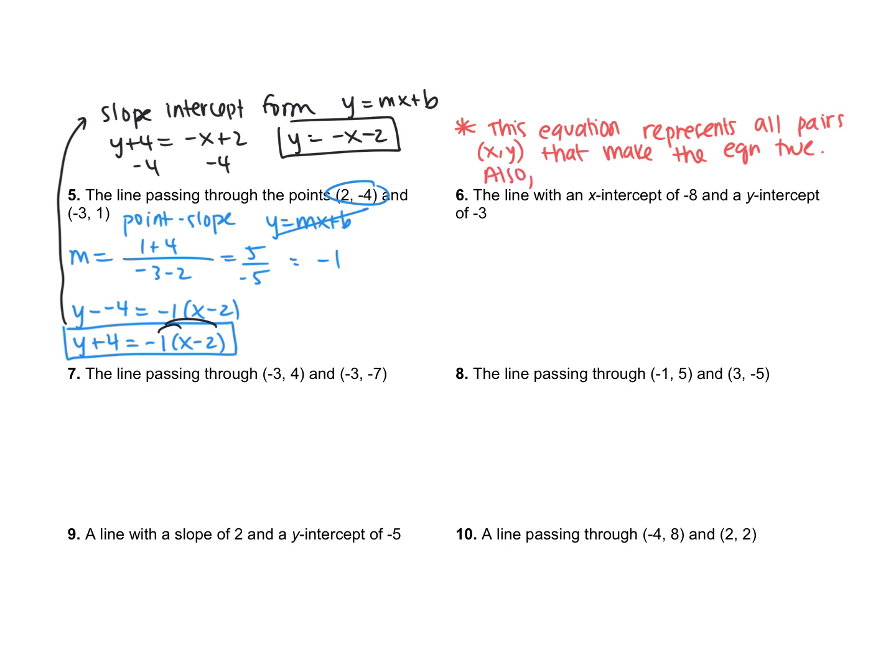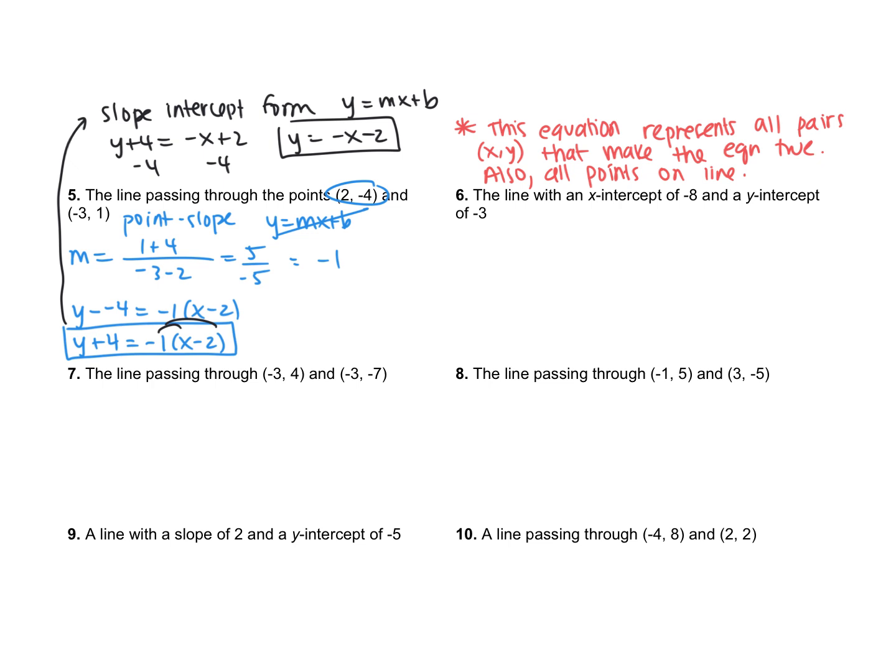Also, it represents all the points on the line. So what a line is, it's all the pairs of x and y that make this relationship true.